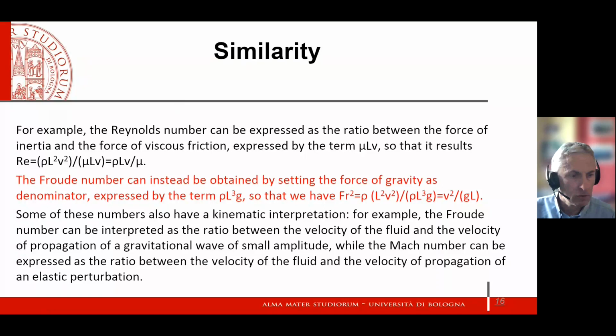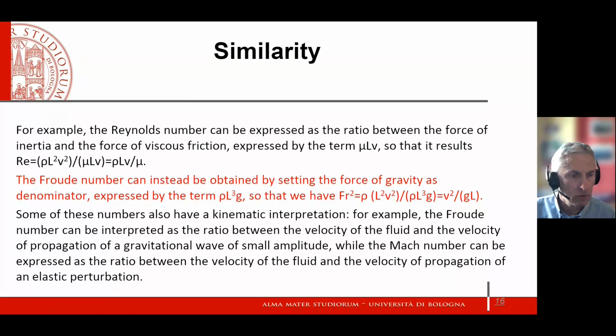Now, what is the physical interpretation? The Froude number can be interpreted as the ratio, this is very interesting, between the velocity of the fluid, because at the numerator you have the velocity of the fluid, and the velocity of propagation of a gravitational wave of small amplitude.